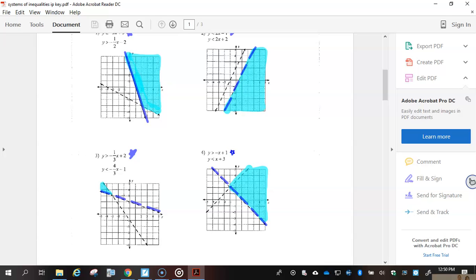For number 1, the overlap should have been here. One of your lines should have been dashed and one should have been solid. For number 2, your overlap should have been here. I know we did these two together, but still just going over them again. Both of your lines were dashed.